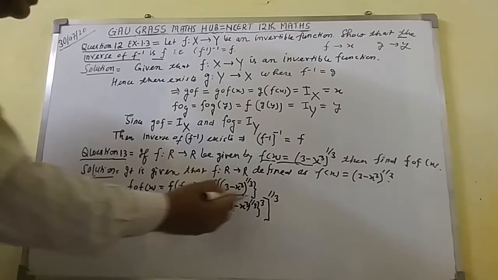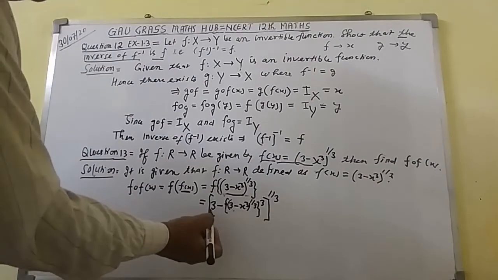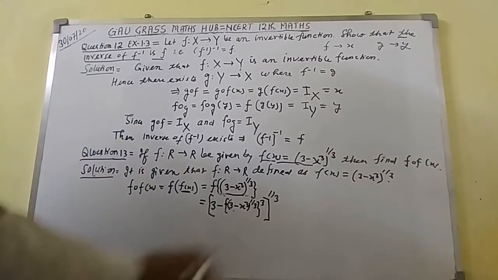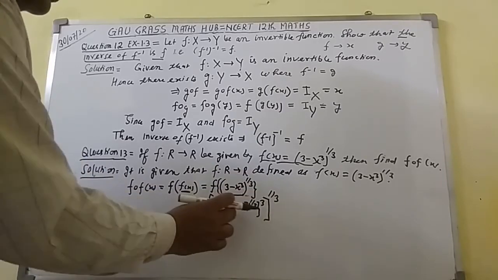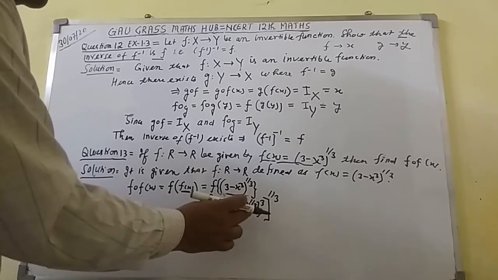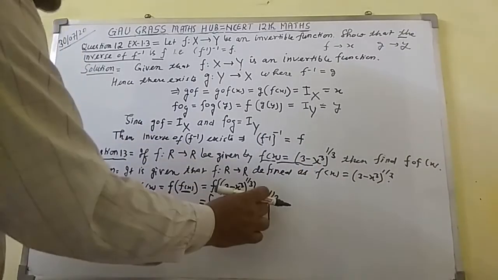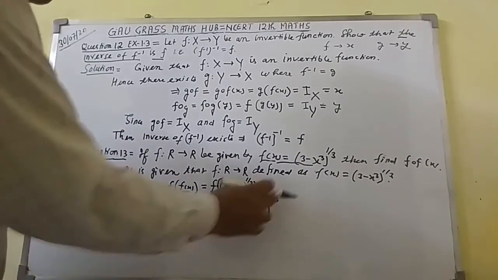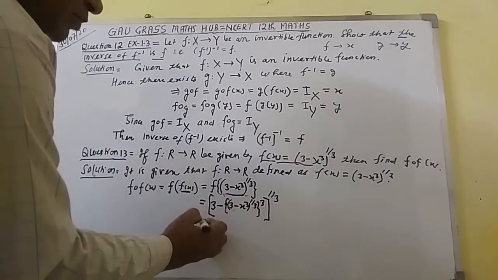So here 3 is there, 3 minus, and in place of x the whole value, raised to power cube, then whole raised to power 1/3. This is the notation you have to use here.